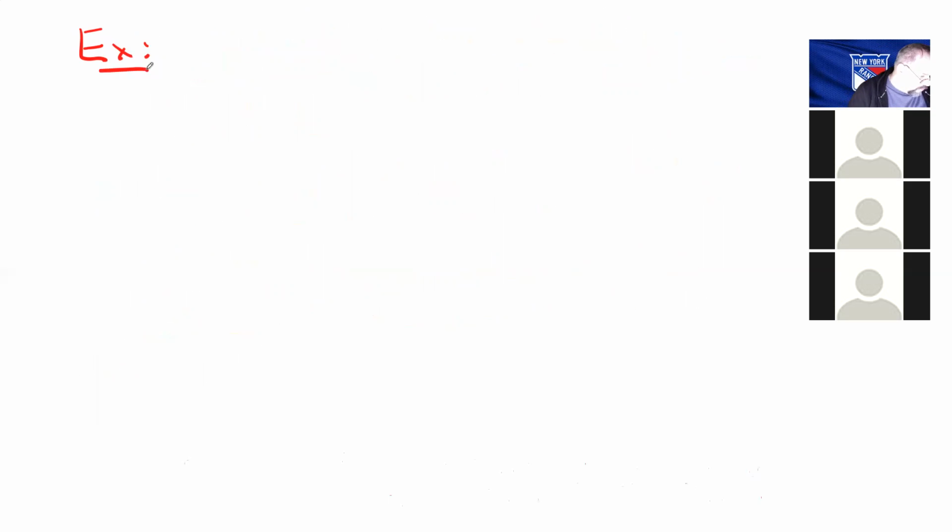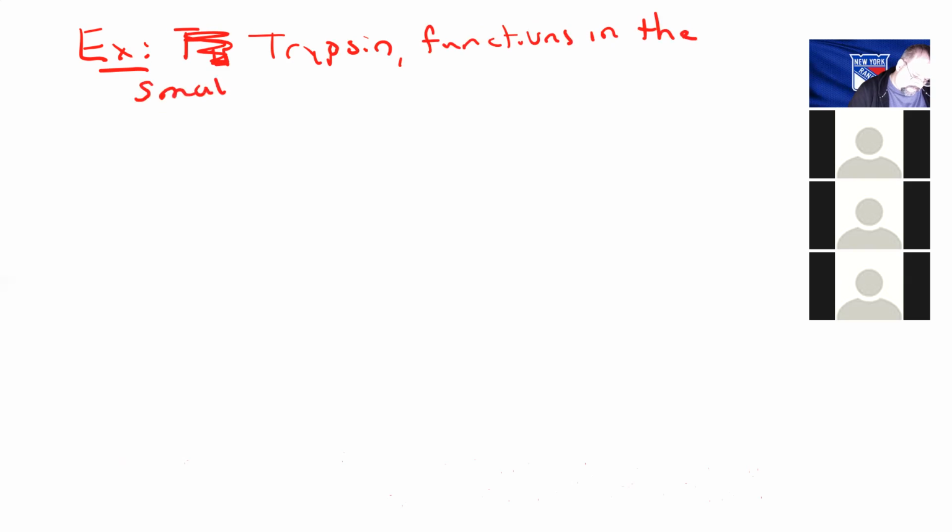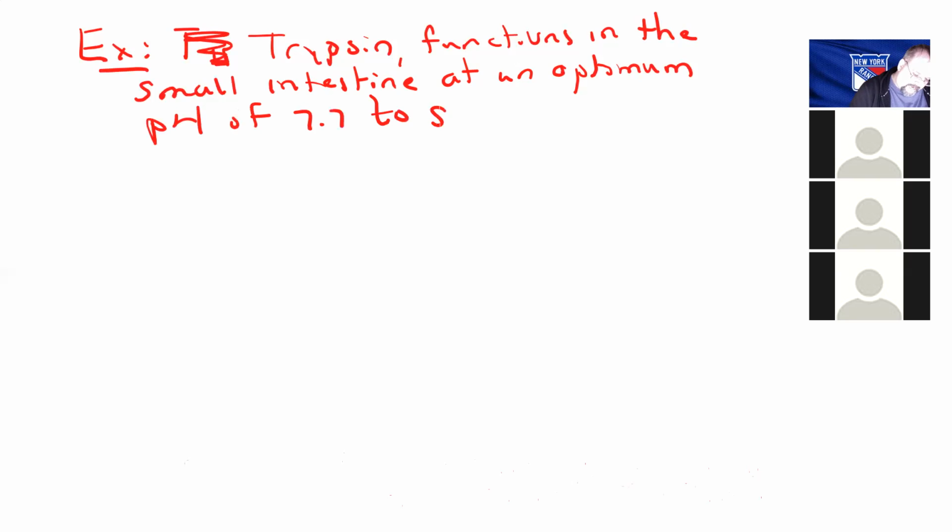So we've got trypsin, and I won't give you the whole definition of what it is, which functions in the small intestine at an optimum pH of 7.7 to 8.0.